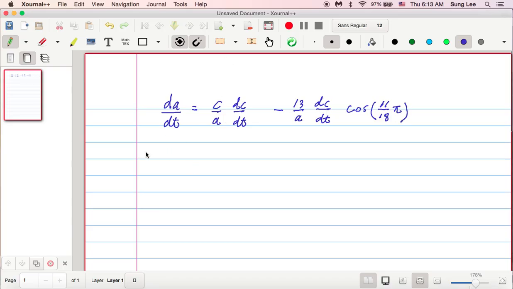We had that. So here we know what dc dt is. That's the speed of the airplane, which is constant, 29 kilometers per minute.